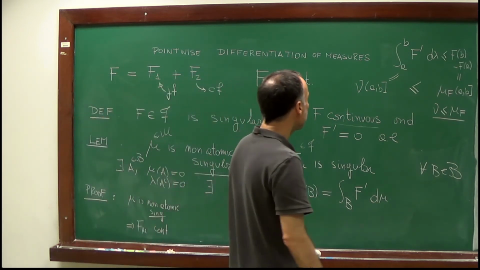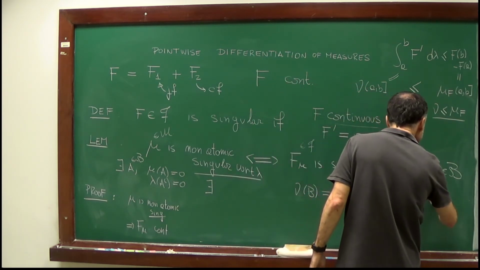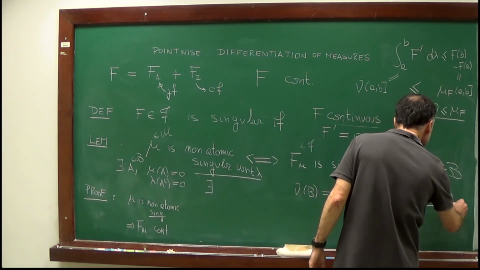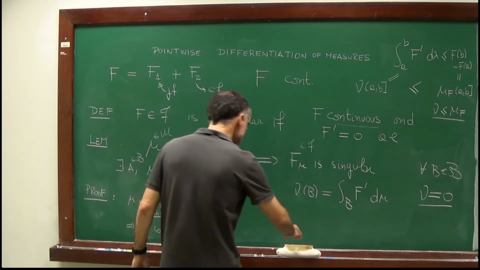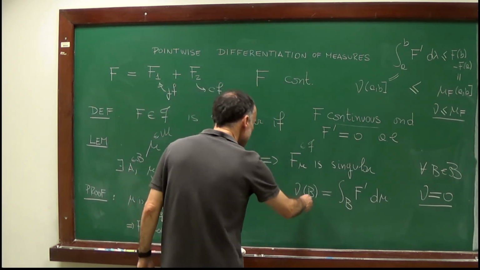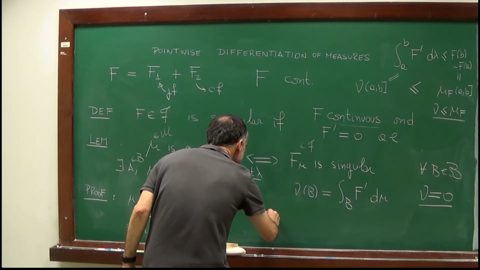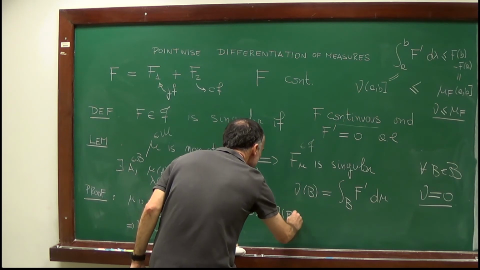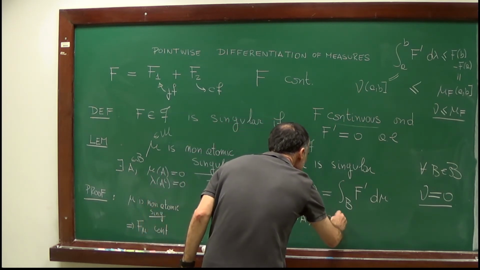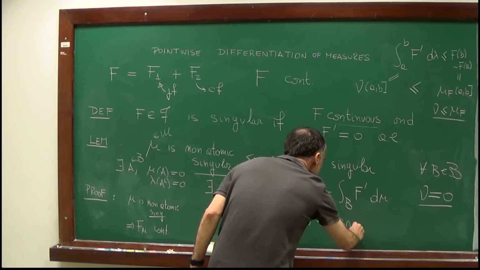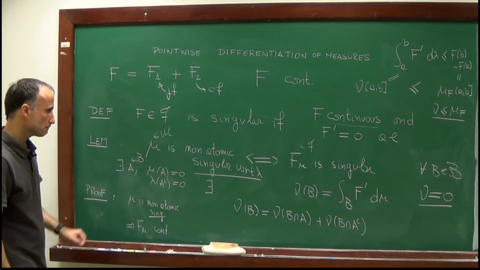And what I claim is actually that nu is equal to 0. Okay? And why is that so? Well, because write nu of B as nu of B intersection A plus nu of B intersection A complement, where A is this set.